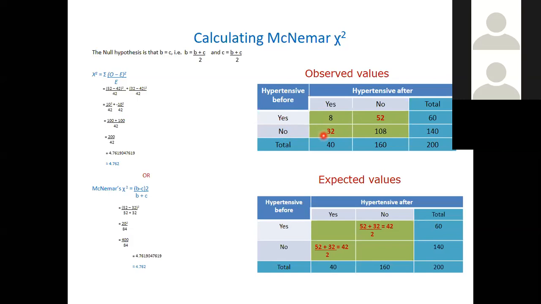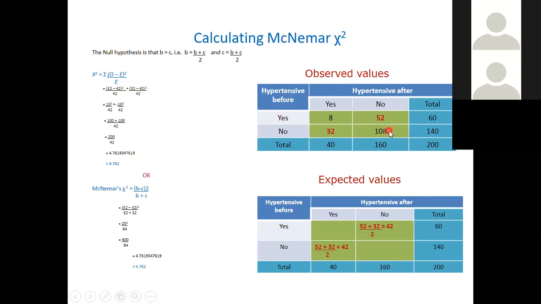That would be the expected value, the same for those two cells. So to get the expected value, you add B and C and divide by 2. The expected for B should be B plus C divided by 2, and the same for C.